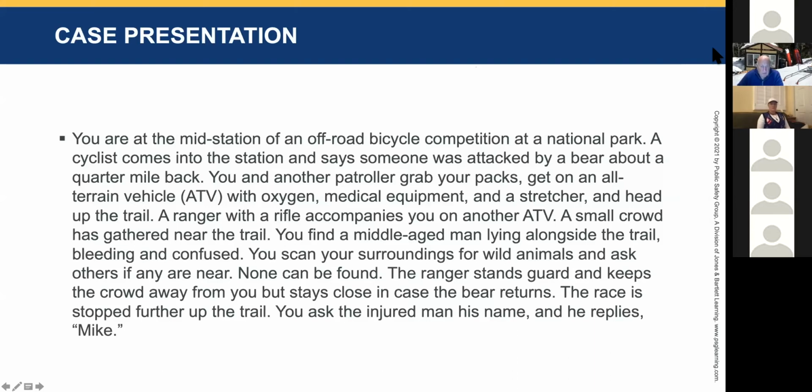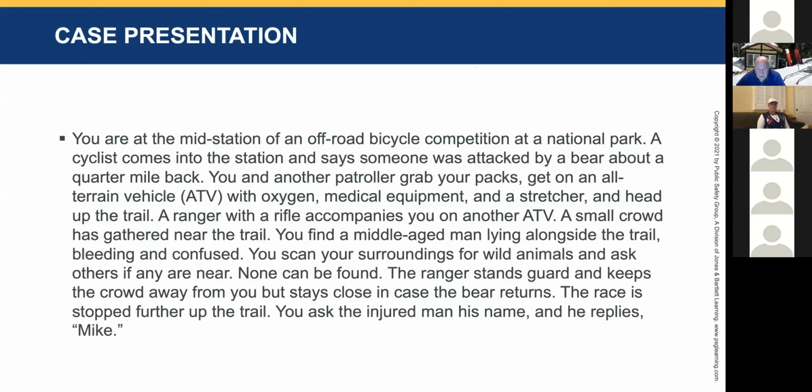A ranger with a rifle accompanies you on another ATV. A small crowd is gathered near the trail. You find a middle-aged man lying alongside the road, bleeding and confused. You scan your surroundings for wild animals and ask others if there are any near. None can be found. The ranger stands guard and keeps the crowd away from you, but stays close in case the bear returns. The race is stopped further up the trail.